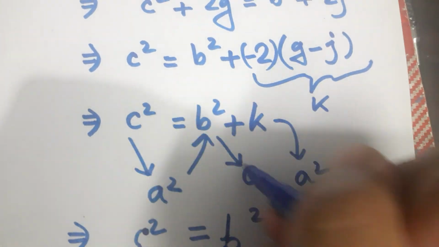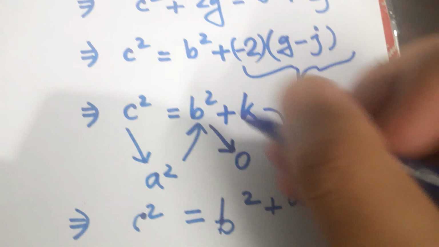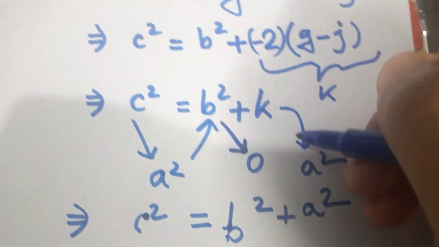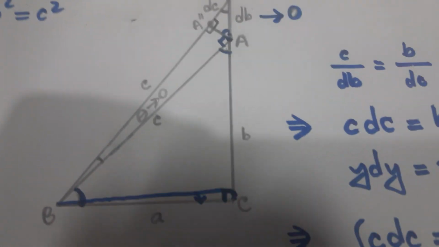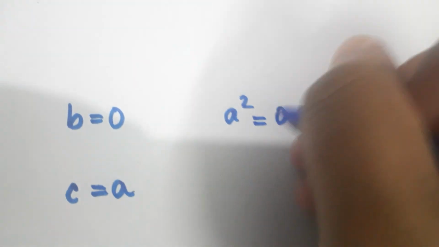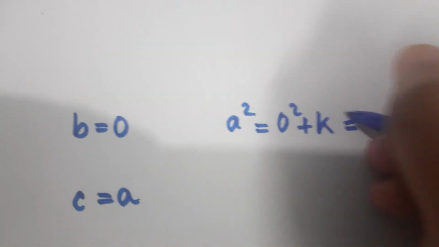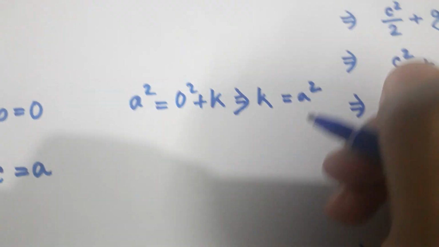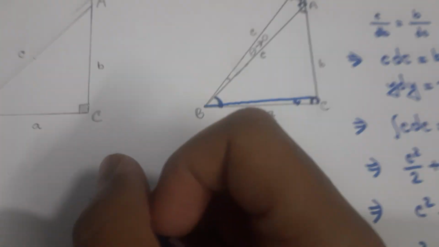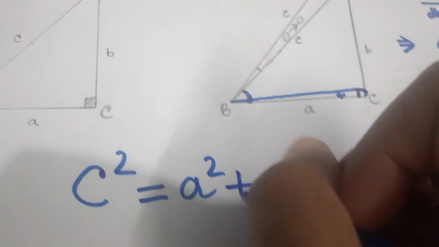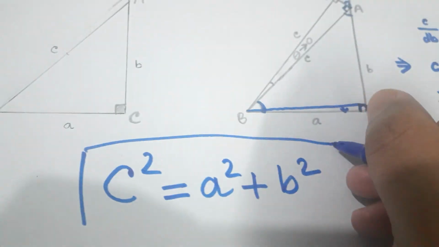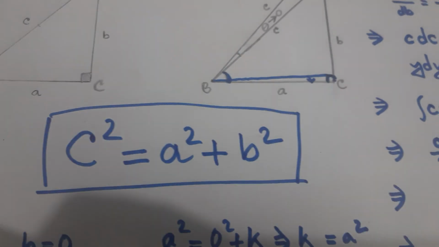When we let b be 0, c goes to a. So a square is equal to 0 square plus k, which gives us k is equal to a square. And we got our proof: c square is equal to a square plus b square. Wow, it was easy using calculus.